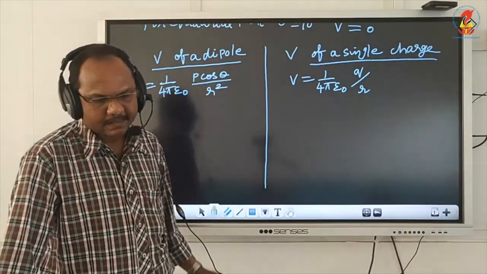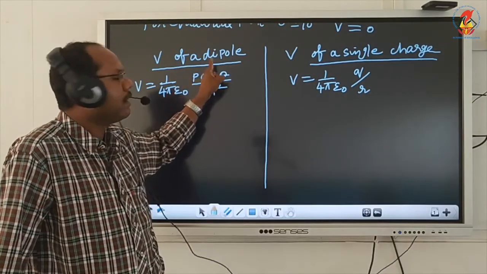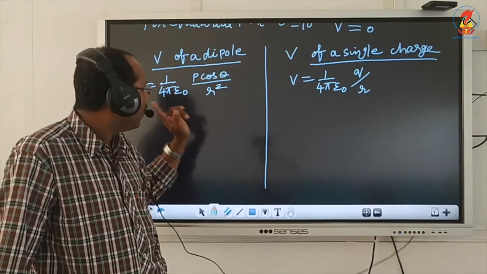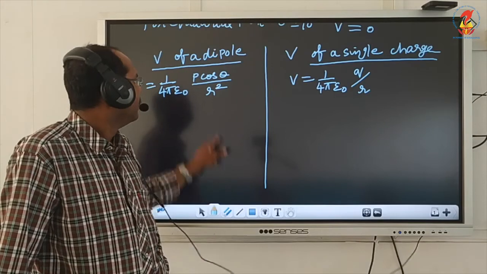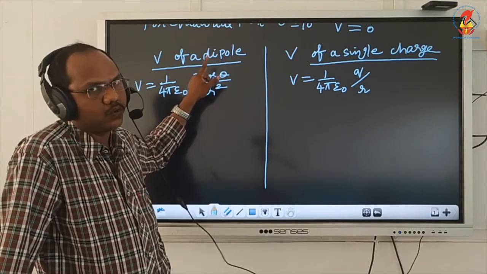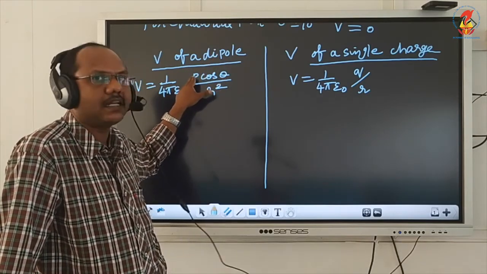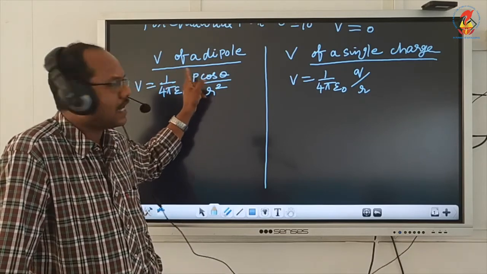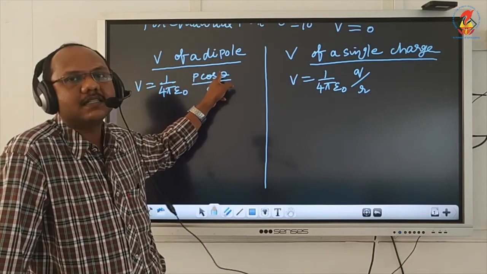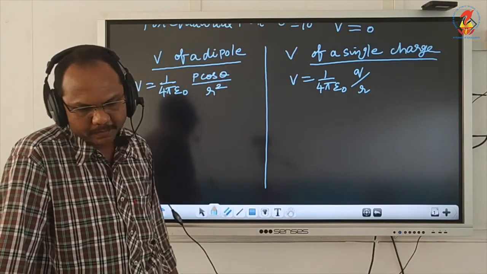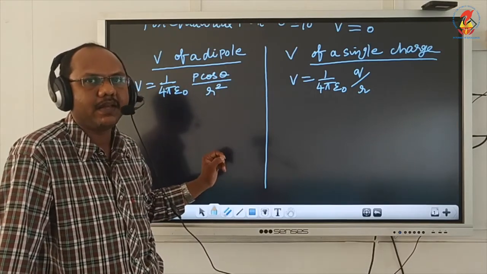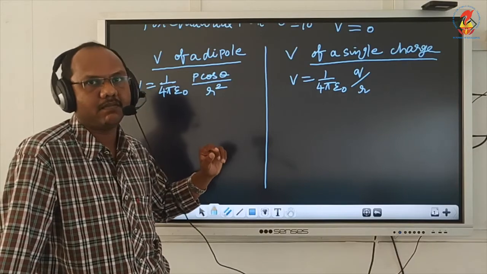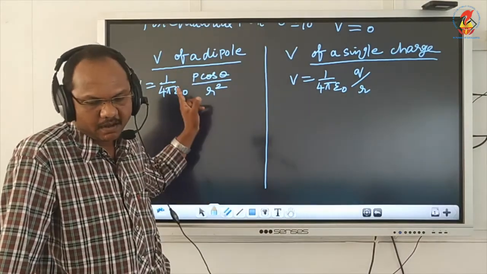The first point is electric potential due to a dipole depends not only on the charge. This P is actually Q into 2L. So charge is included in P. So potential depends on charge as well as the angle. That means the angle between vector R and vector P, where P is the dipole moment.